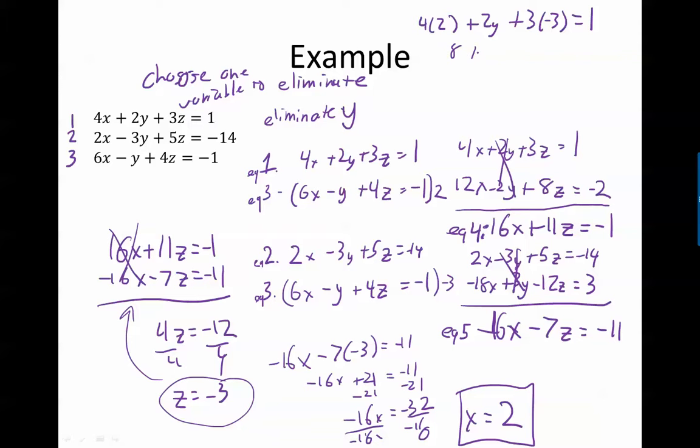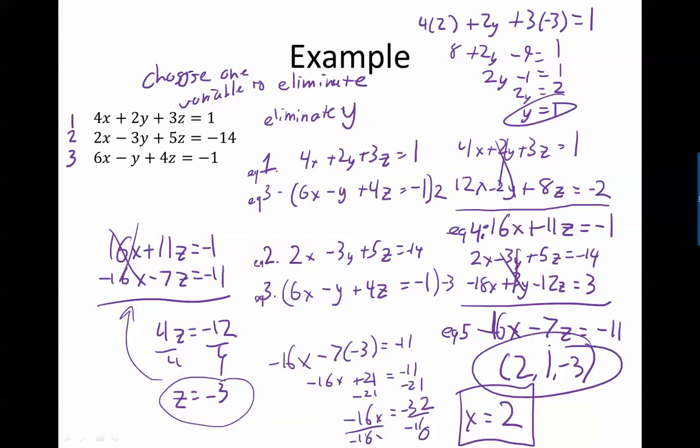This is 8 plus 2y minus 9 equals 1, which is 2y minus 1 equals 1. Solving this equation gives me y equals 1. I have all 3 of my numbers, 2, 1, negative 3, and that's my final solution.